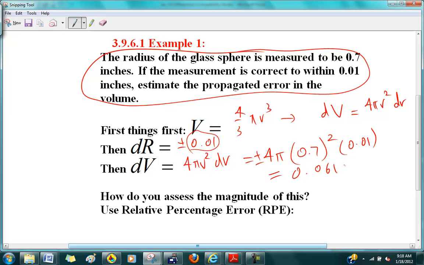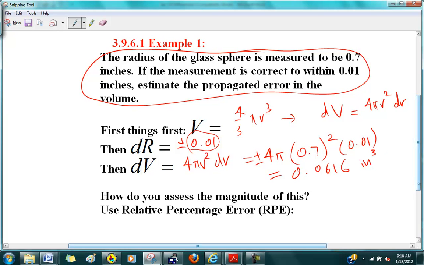Okay, 4 places. 0.0616. Not 4 sig figs, 4 decimal places. Units. It's volume, so inches cubed.